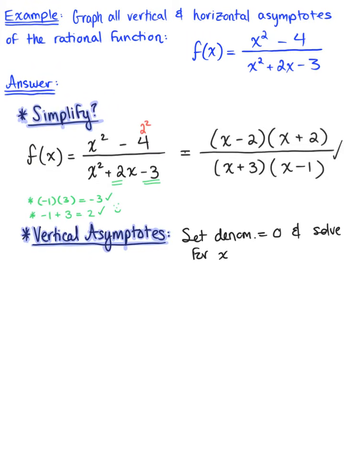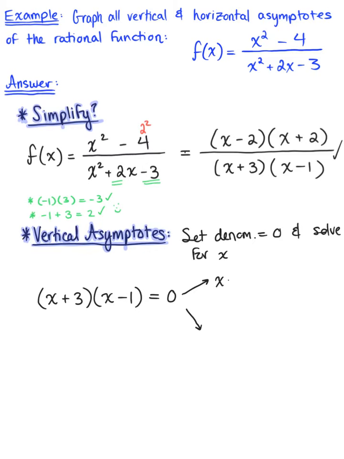Conveniently enough, we already factored our denominator above, so we can use that: x plus 3 multiplied by x minus 1, set equal to 0.